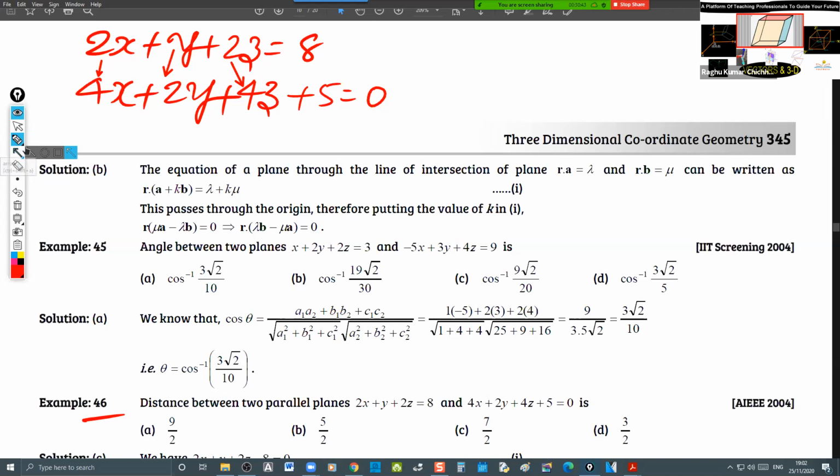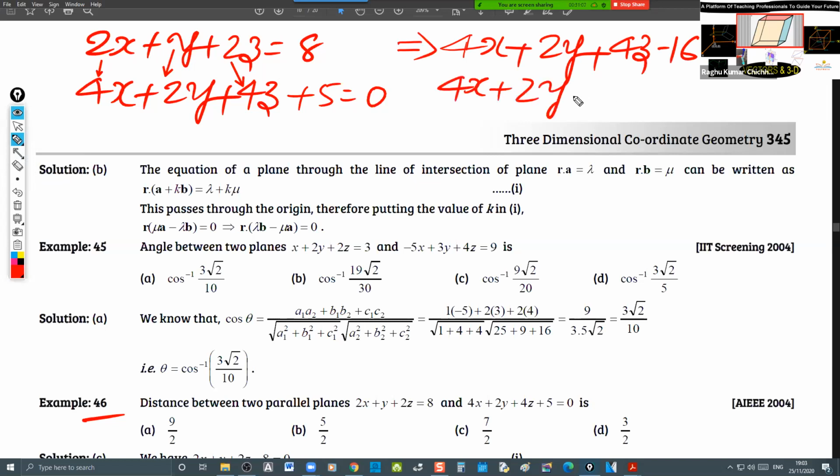Before applying the formula, you have to make the coefficients the same. So multiply the first plane with 2: 4x plus 2y plus 4z minus 16 is equal to 0. And this one is 4x plus 2y plus 4z plus 5 is equal to 0. That's it.